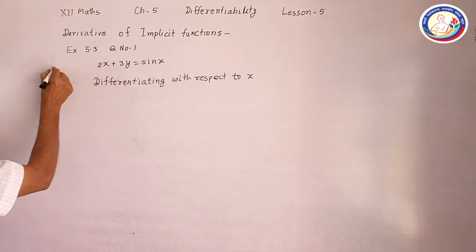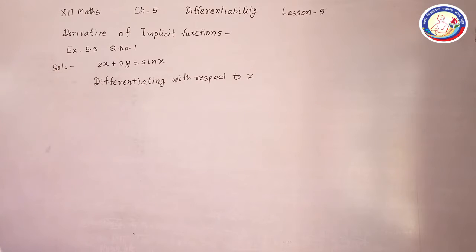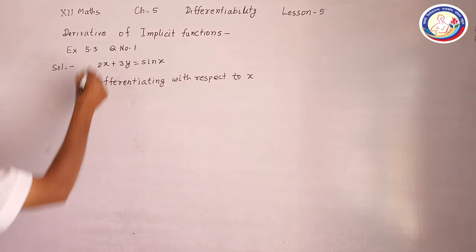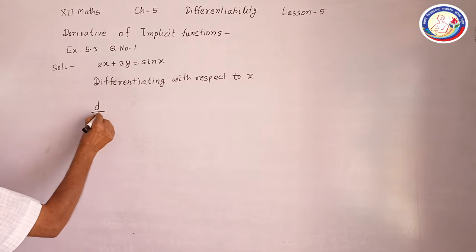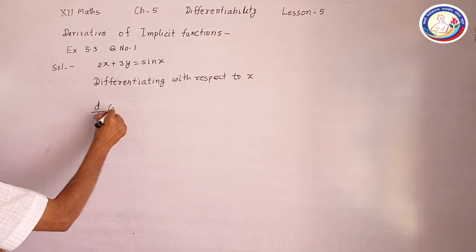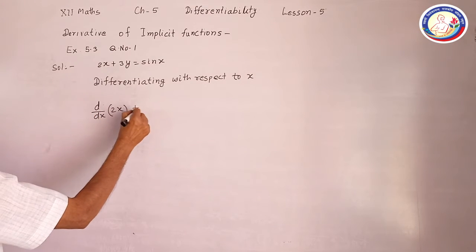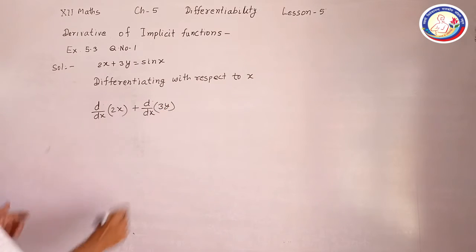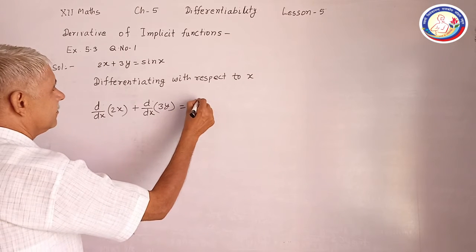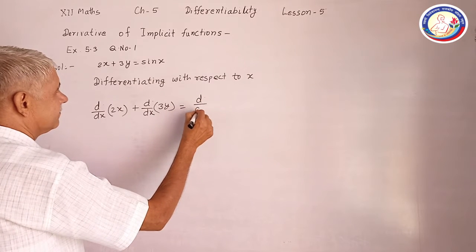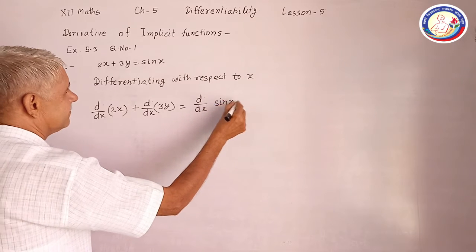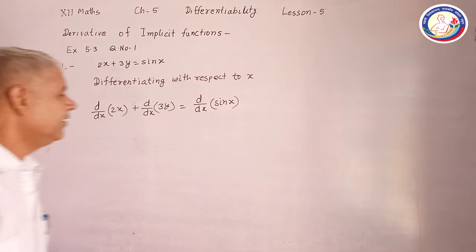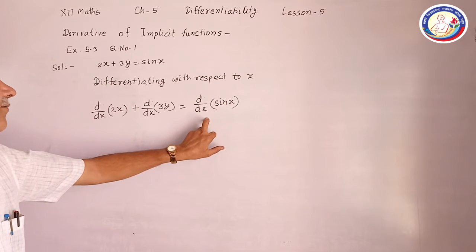I am giving the solution directly. Find derivative of this with respect to x. So derivative of 2x with respect to x plus derivative of 3y with respect to x and derivative of sin x with respect to x, and then we will solve this equation for derivative of y.